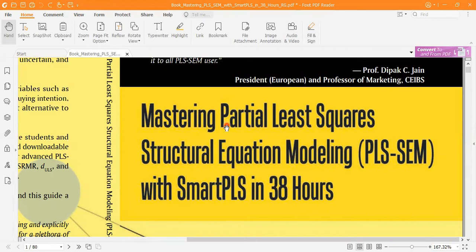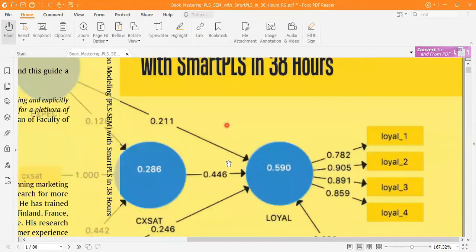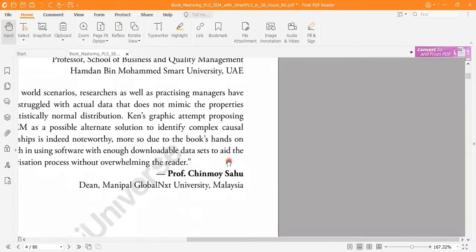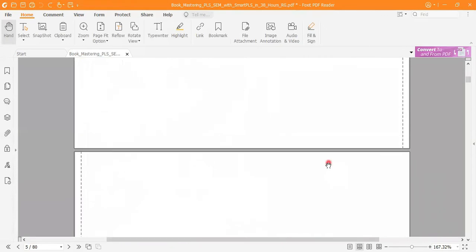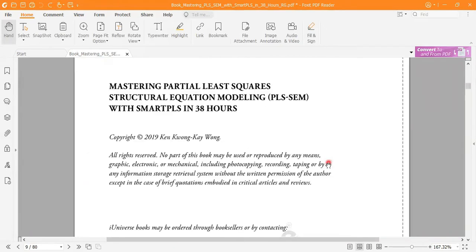This book is freely available. You are just required to write these words into the Google search bar, and very easily you will find a short copy of this book, and then you can go to chapter number 7. In this book, some other very good chapters are also there. If you are interested, you can go through all these chapters.